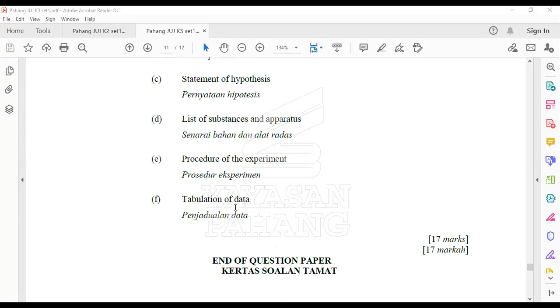And the last part, we are going to talk about the tabulation of data. For the tabulation of data, you can have your table like this. This is your table, let's say.